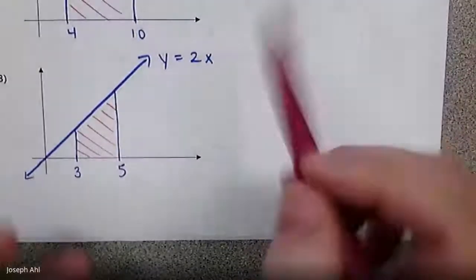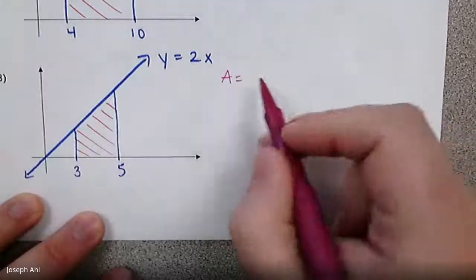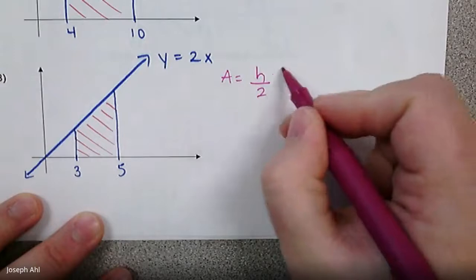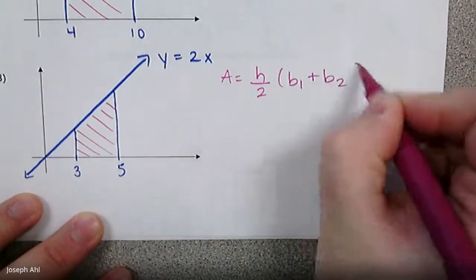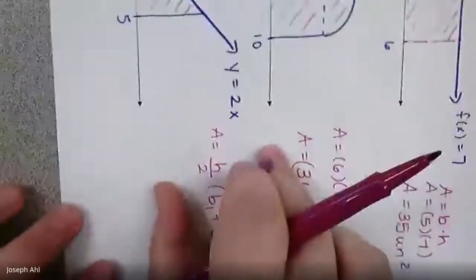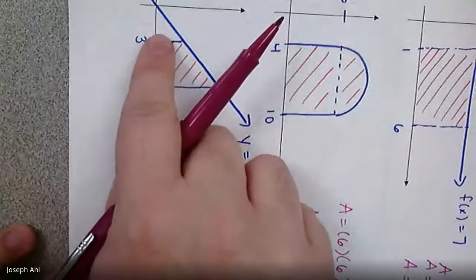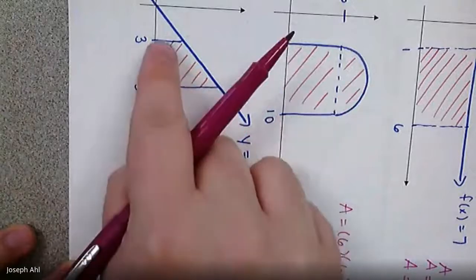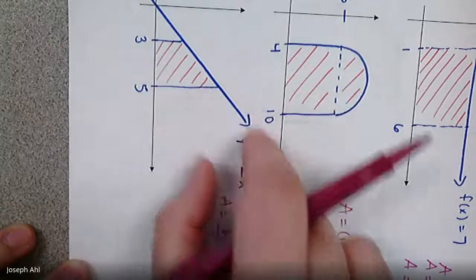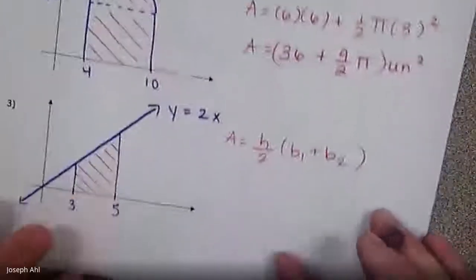So the area of a trapezoid in general is going to be 1/2 the sum of the bases times the height, or sometimes you see it written as height over 2 times b1 plus b2. So let's see, if I turn it back this way, the height is the 2 here. And then those base lengths are the y values where x equals 3 and x equals 5 on the function y equals 2x.